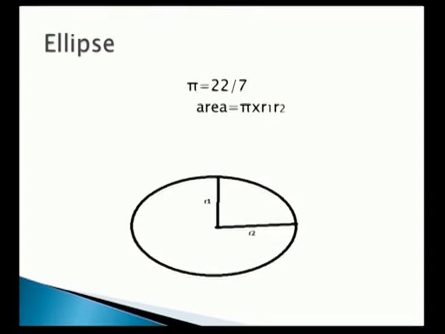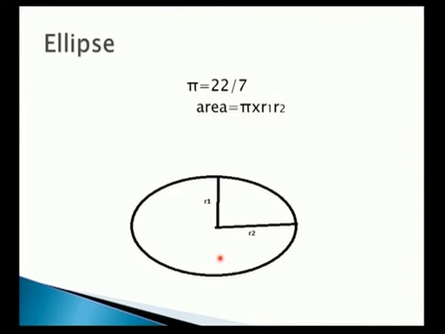Next, ellipse. You know, an ellipse is a bulged circle. The radii of the ellipse will not be equal. In an ellipse, 2 types of axes are there, that is the major axis and the minor axis. The term major is used to denote the larger length. The term minor is used to denote the smaller length.